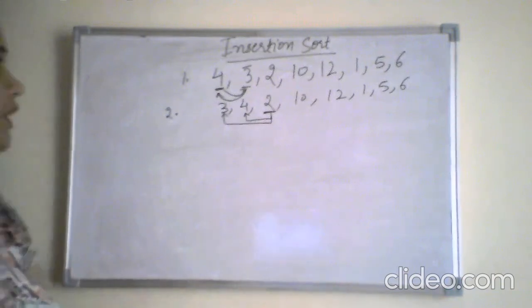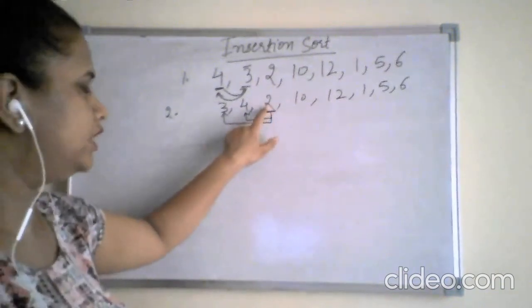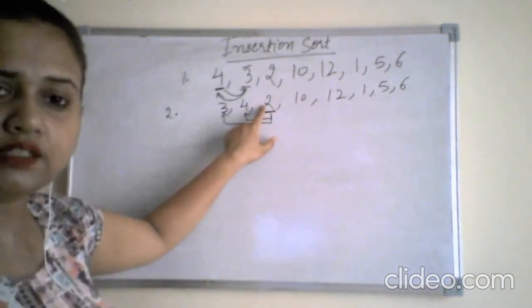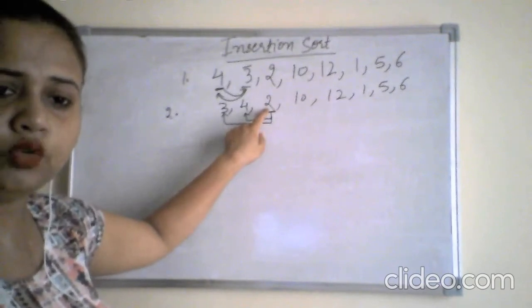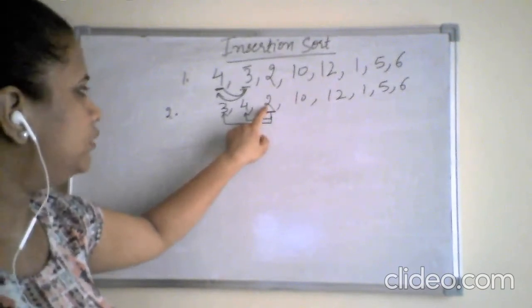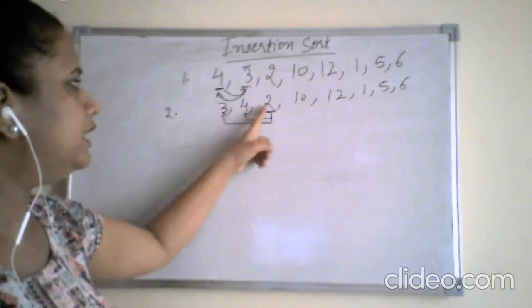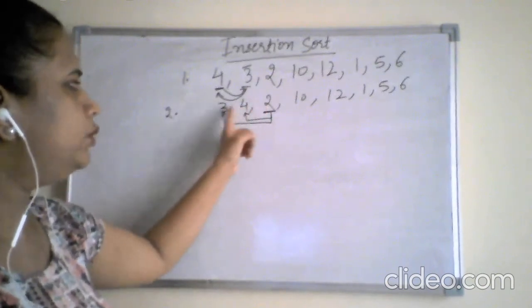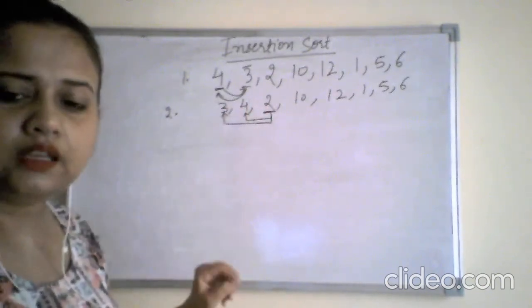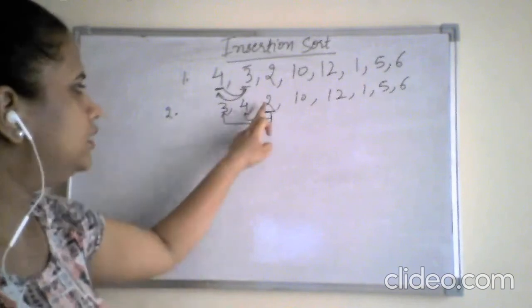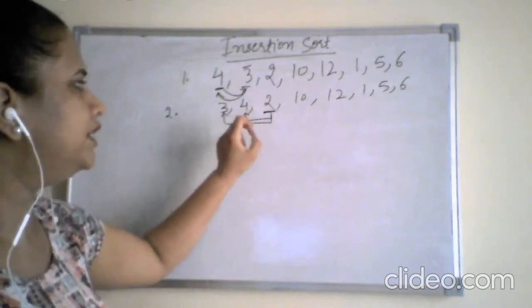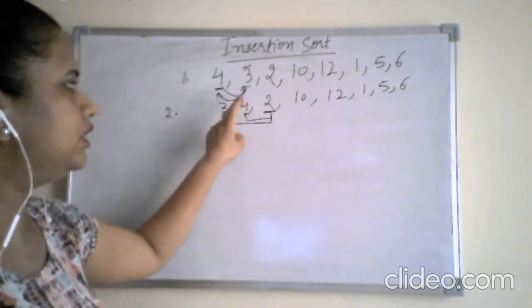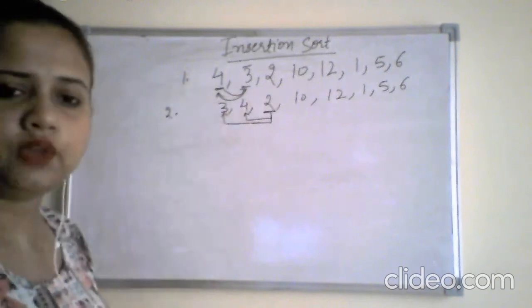If I am at the third location, the data element is the number 2, and I am comparing it with the previous sublist, then I will be comparing it with both the locations. As and when I find that the element with which I am comparing my data is smaller than that, I will be swapping them.